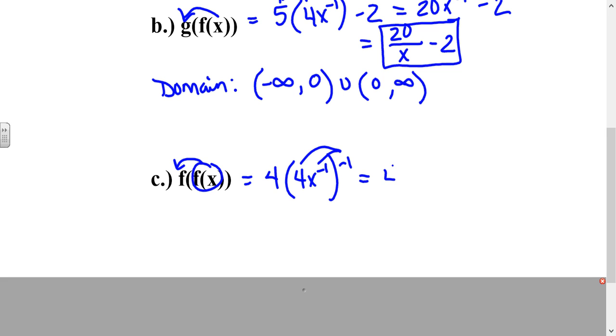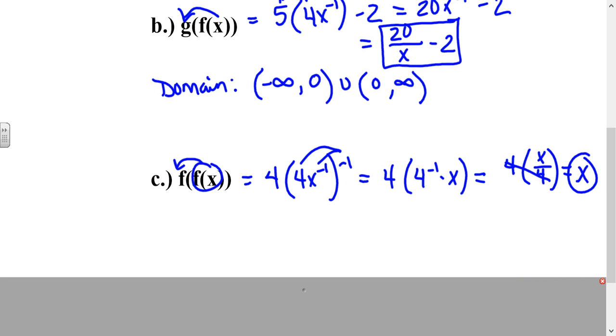So we would have the 4 in front, and then we'd have 4 to the negative first, and then if I multiply the exponents, I just get x. So I can't have any negative exponents, so this would have to go to the bottom. So I would have 4 times x over 4. So then the 4's would kind of just cancel out, so I just get x as the answer.